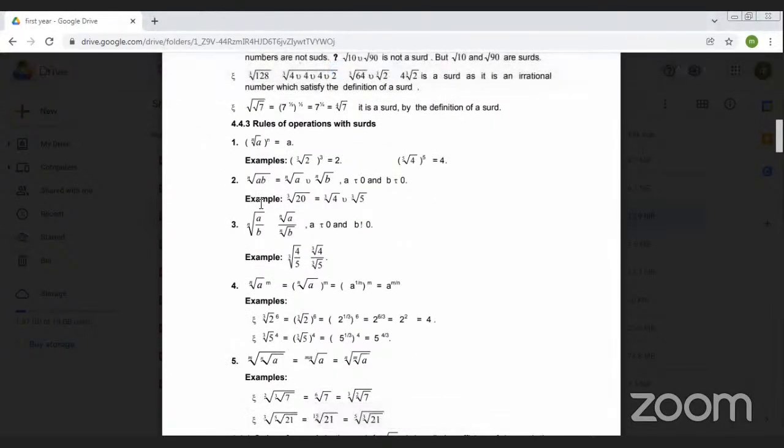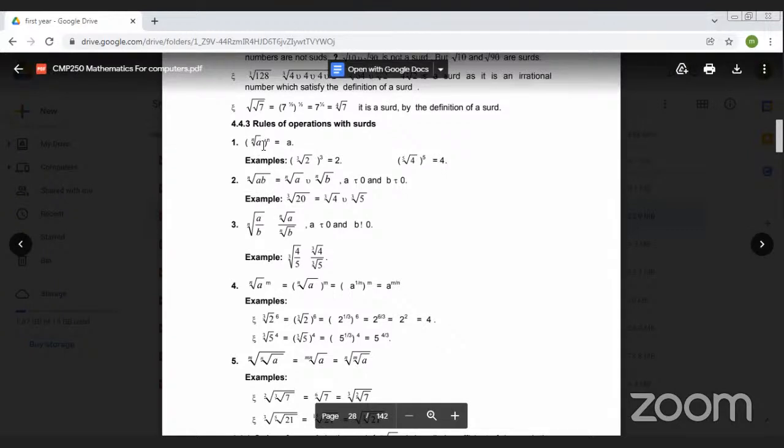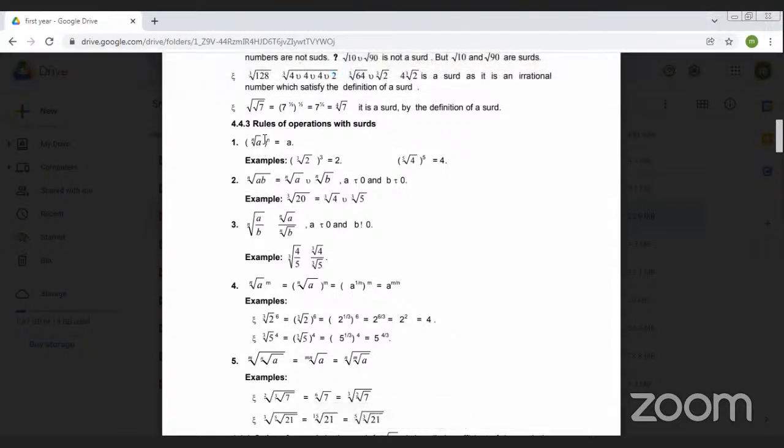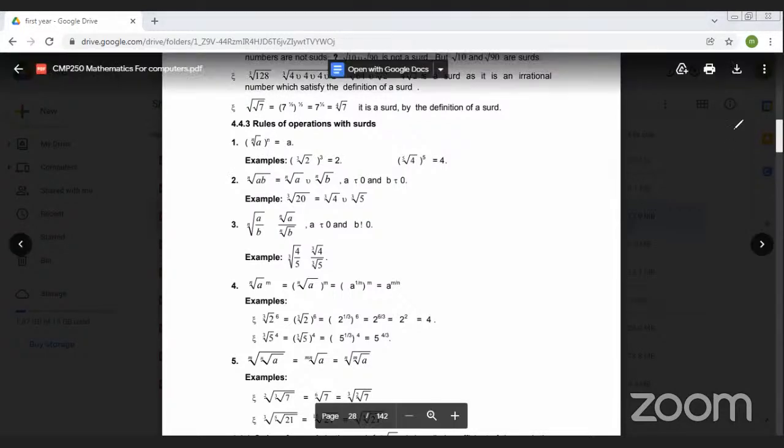Now let's talk about rules of operations with surds. See, the nth root of a, multiplied by n. So the nth root of a, how do we write it? It is written in which form? a raised to the power of 1 upon n, into what is multiplied? n.